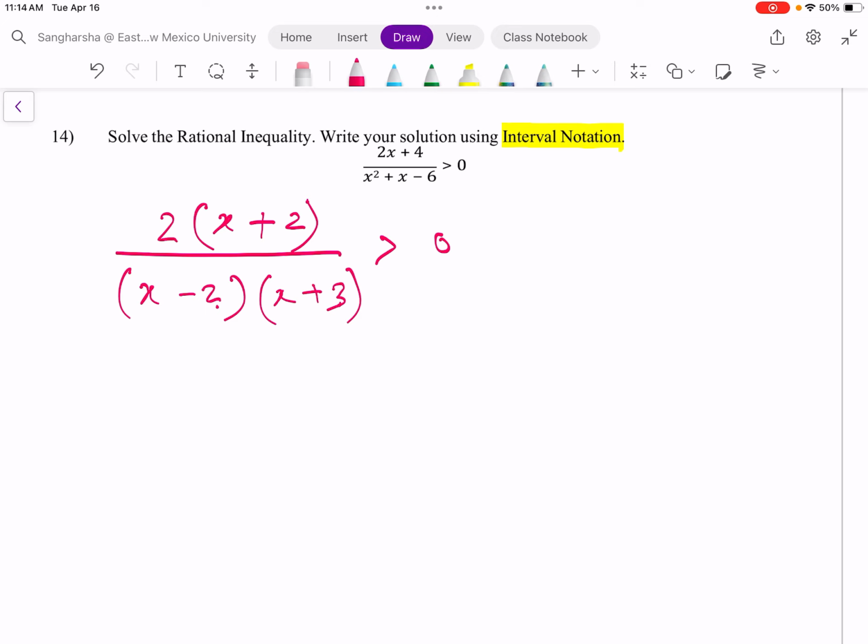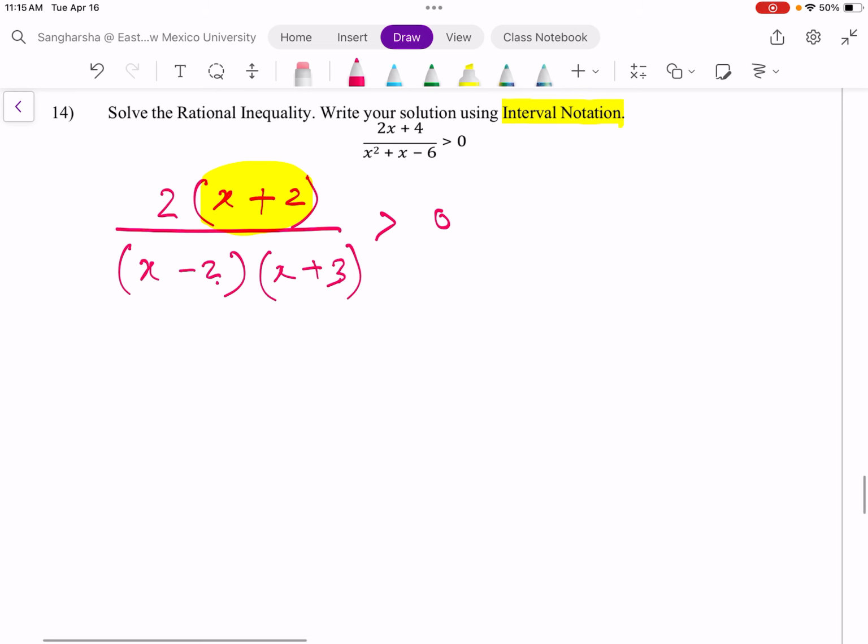Now the next step, we need to write down the numbers that make the numerator 0 and that make the denominator 0. Now let's go to the numerator. For what x value is this factor 0? Negative 2, right?